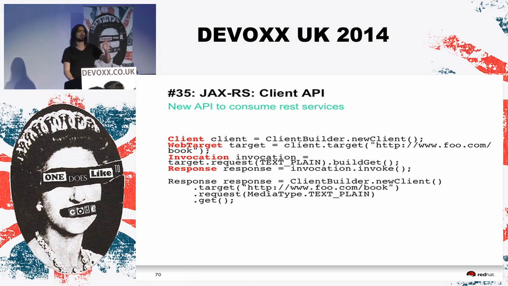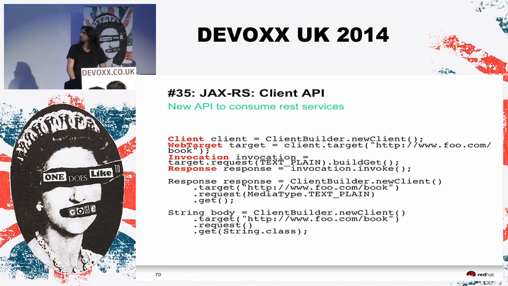Or if you're just interested in the body, you can write the same thing, and as you can see at the bottom line, instead of just doing get, I'm saying get, and by the way, I want to get it as a string. So instead of returning a response, it gives you the body. It gives you the entity of the JAX-RS client invocation. So, something new and neat.